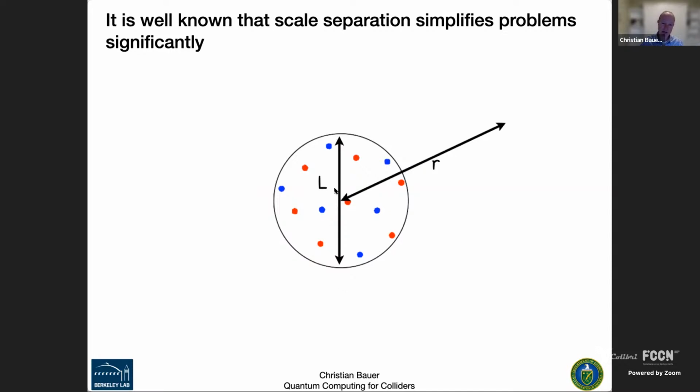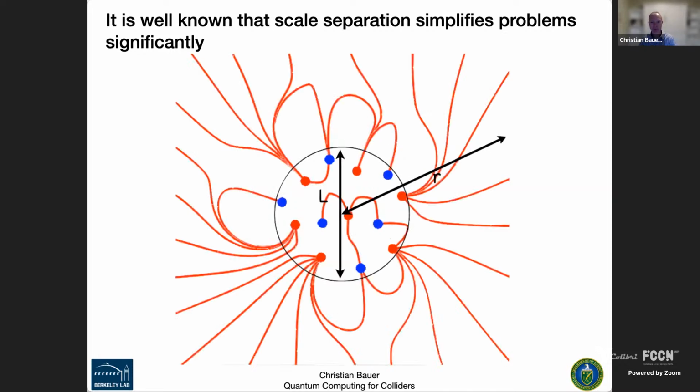Let me call the size of my charge distribution capital L, and let's say I want to measure the electric field at distance r away from that charge distribution. Notice that there's one extra positive charge, one extra red charge in here, then there's a blue charge. So if I do this measurement and I try to compute these field lines, it actually looks pretty complicated.